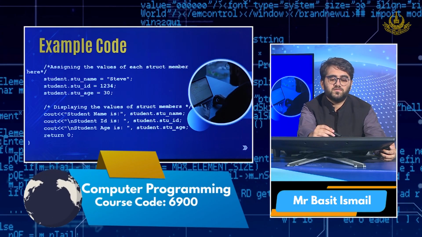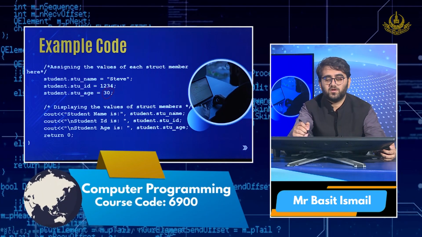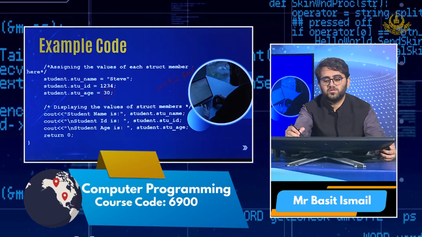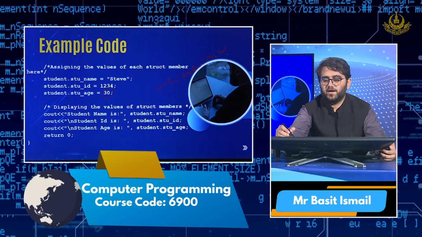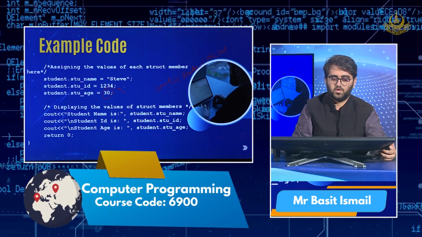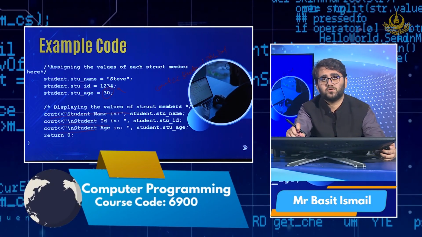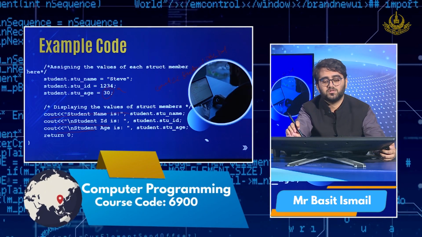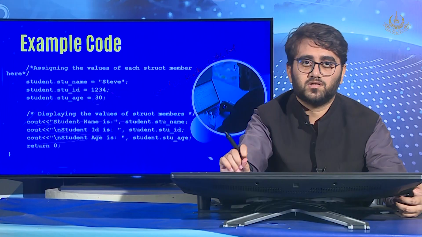Student dot stu name is Steve, student dot stu ID is 1 2 3 4, student dot stu age is 30, and if we are printing them, we can just use cout with student dot stu ID, and we would get this particular 1 2 3 4 value. You can go over all of these one by one. I encourage you to write your own structures and then print their values or use them in arrays or try different techniques, so that you are able to familiarize yourself with the working of structures.